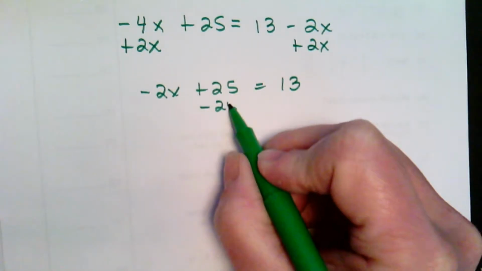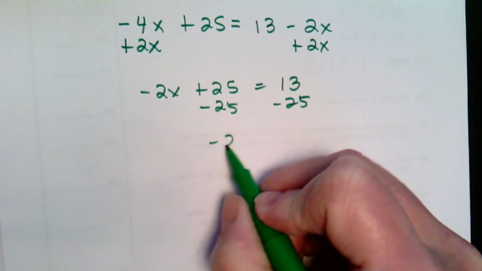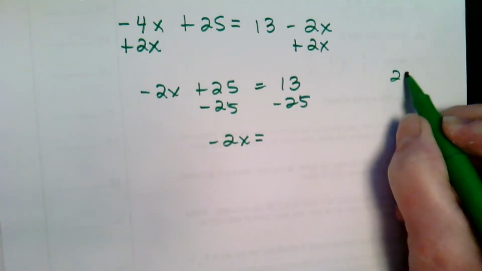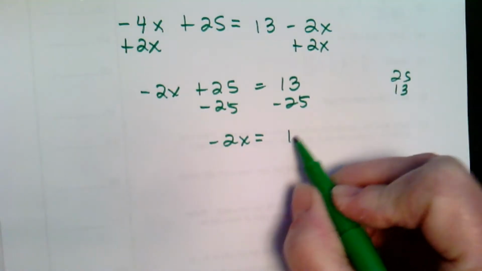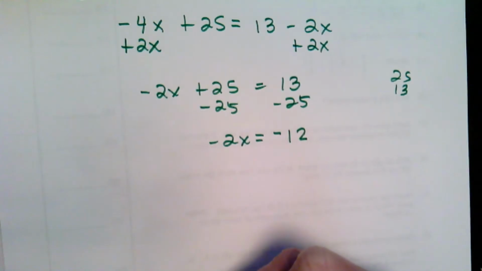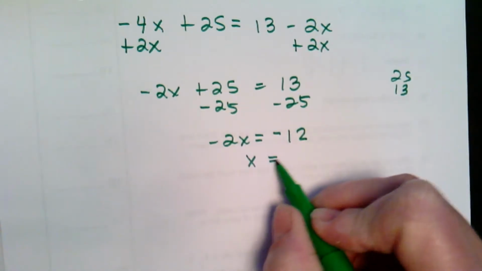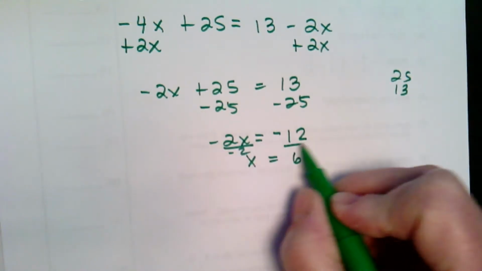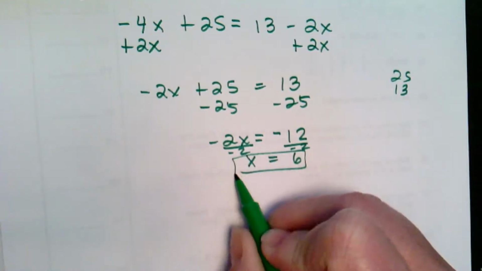Take 25 away from both sides. Can't do math upside down. Negative 2. So our final answer is 6.